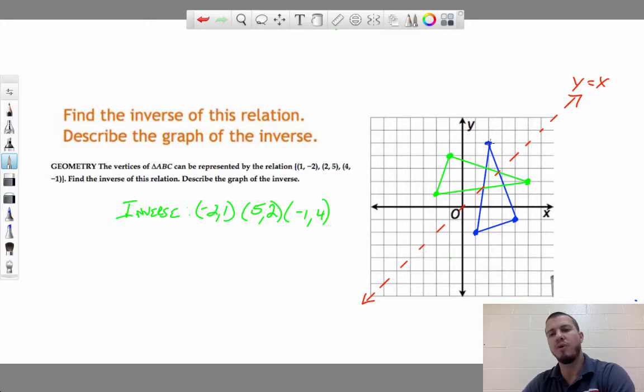See how this point reflects to this point, and this point reflects to this point. So if I folded it on that line y equals x, the points should match up right on top of each other because they're a reflection across that line y equals x.